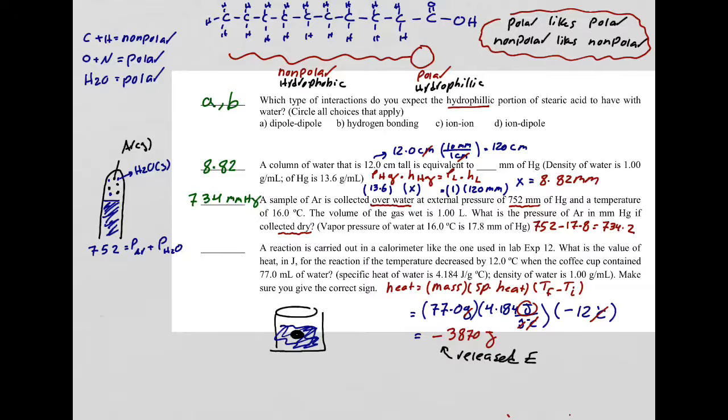Energy was released, it was exothermic. Now, if energy was released, if water released energy, who got that energy? The reaction got the energy. So what was the reaction? Was the reaction endothermic or exothermic?